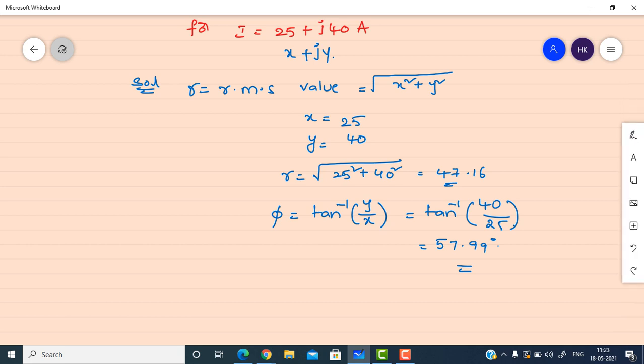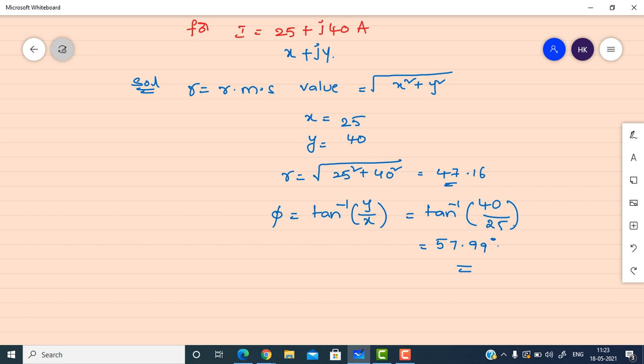Then press shift polar, since we require the polar form. POL means the plus sign: shift plus. Then it will be displayed as POL, braces, x comma y. So enter those x and y values. The x value is 25 and the y value is 40. Then you will get the polar form: 47.16 at an angle 57.99.